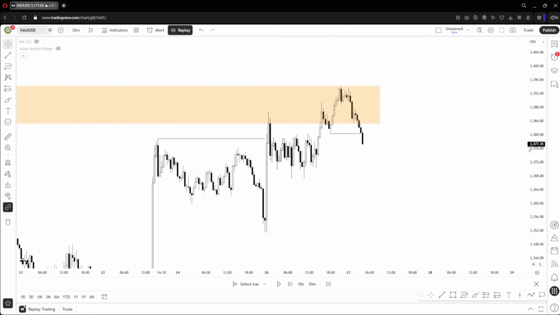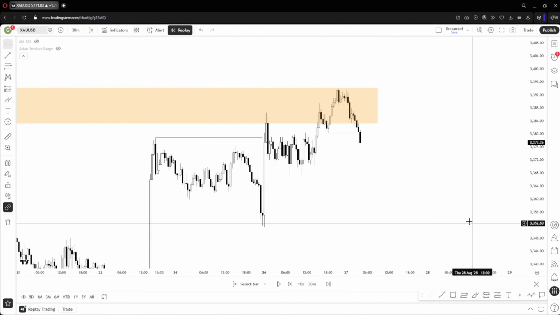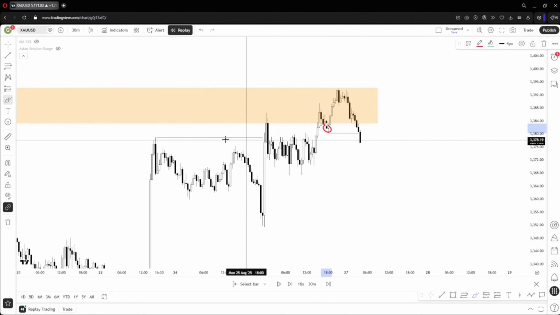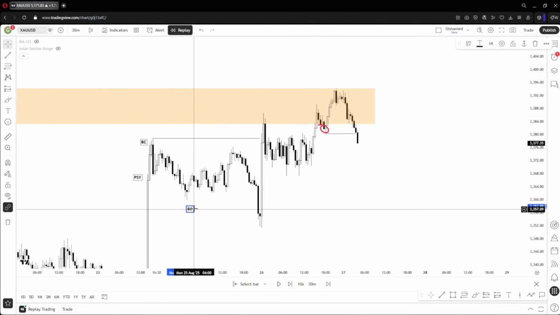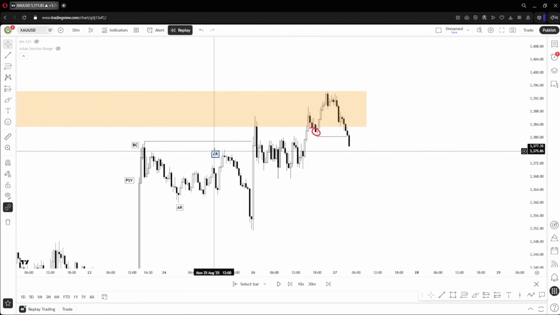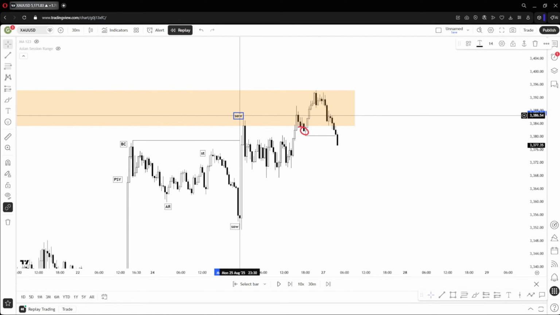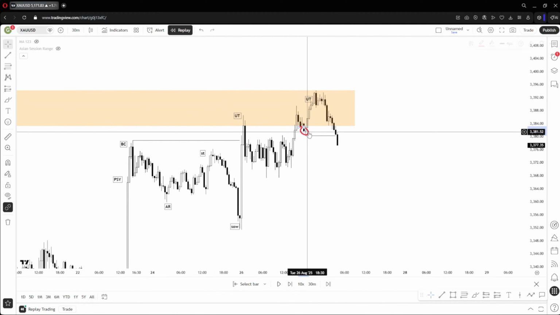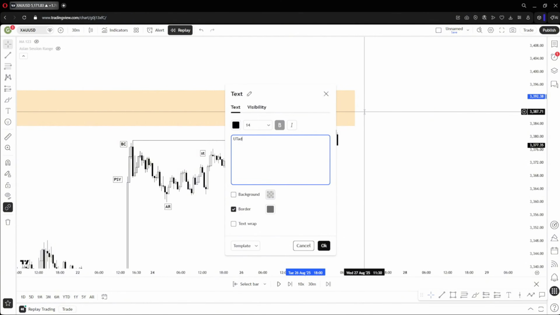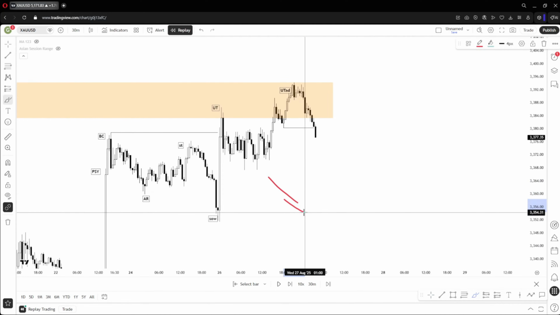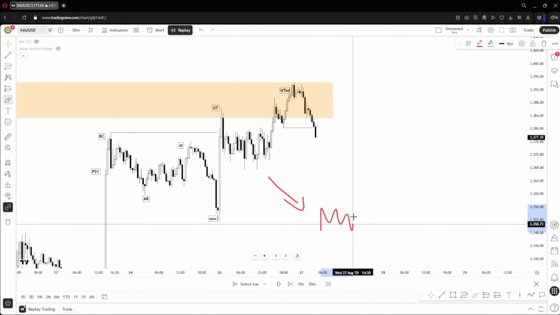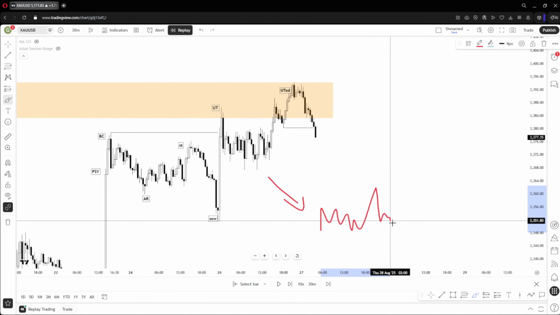Also, this would be a perfect Wyckoff distribution. So for people who are using market shift and Wyckoff distribution: this is the PSY, this is buyer's climax, this is automatic rally, this will be second test, this will be sign of weakness, this will be upthrust, and after we have this market shift, this will be confirmed upthrust after distribution. By the way, this is just Wyckoff distribution, and Wyckoff distribution is basically just accumulation, manipulation, and then distribution.